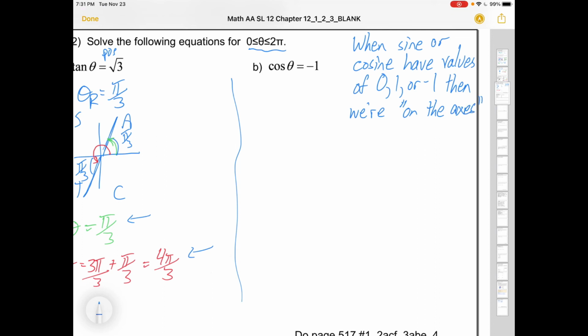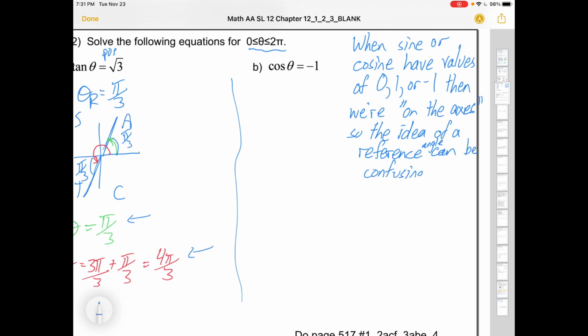And that means that the idea of a reference angle is a little bit confusing.